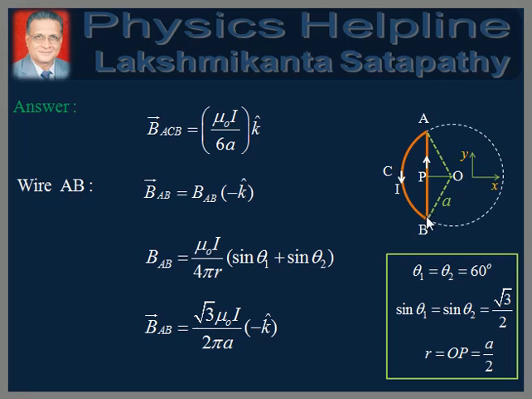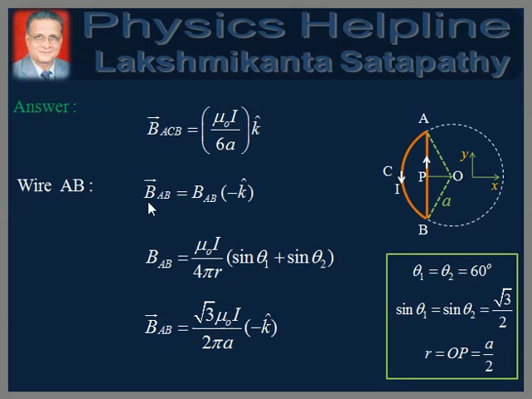Now in this part, current is flowing from B to A. First of all, let us determine what will be the direction of magnetic field produced at O due to this current flowing from B to A. Now holding this straight wire BA in our right hand with the thumb pointing in the direction of current, we observe that the curling fingers at O will be entering into the plane of the figure, which is the negative direction of z-axis, which is indicated by minus k cap.